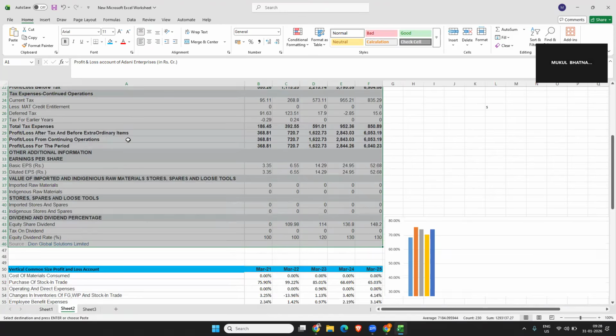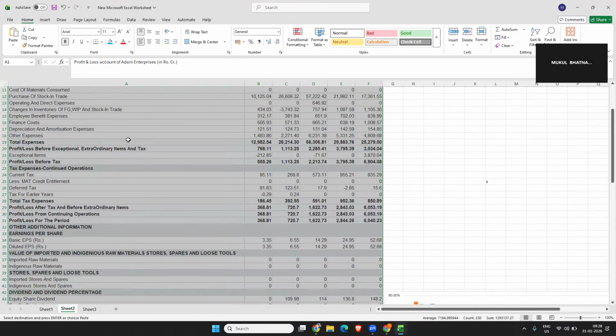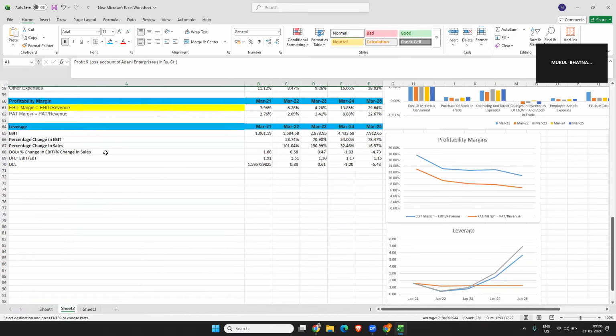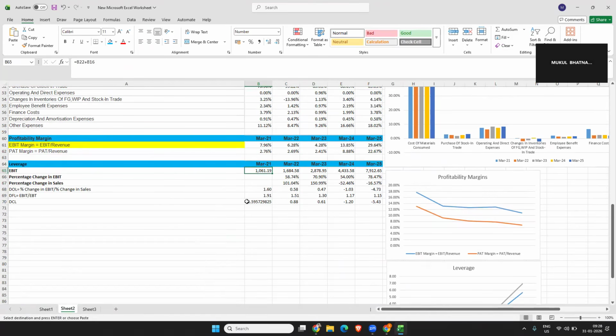So all the formulas will get automatically applied if the particulars are same. All the diagrams will get changed.